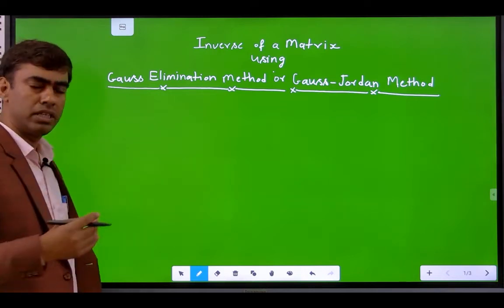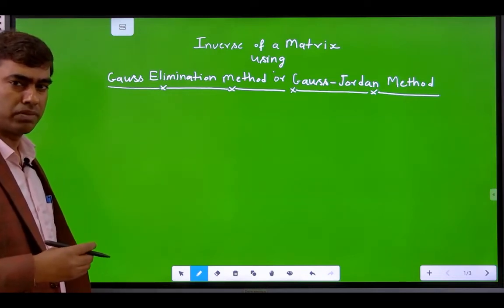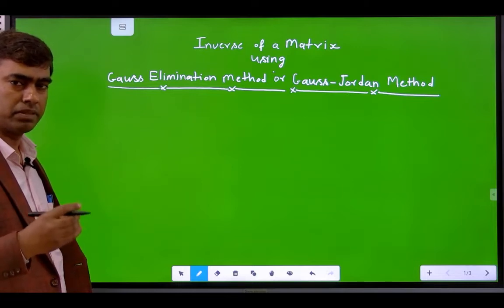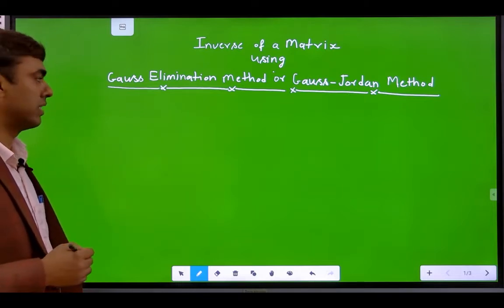As we know, we are able to find the inverse of a matrix if that matrix is a non-singular matrix.